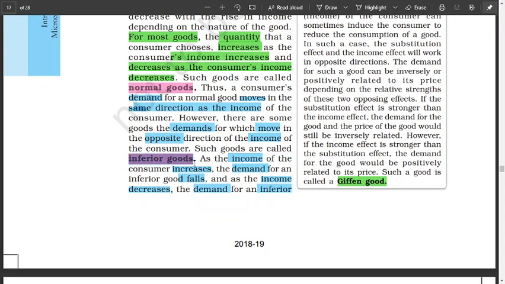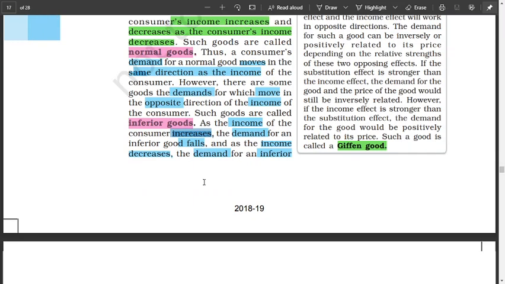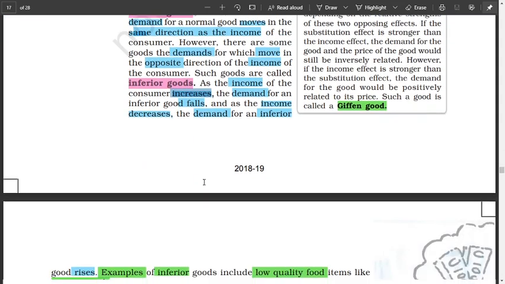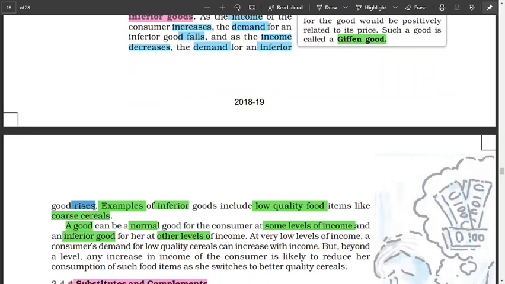When you have less money, your demand for them is high. But as income increases, if you have more income, the demand for these inferior goods falls. But if you have less income, demand for inferior goods rises. That means when you're poor, you consume more of them.